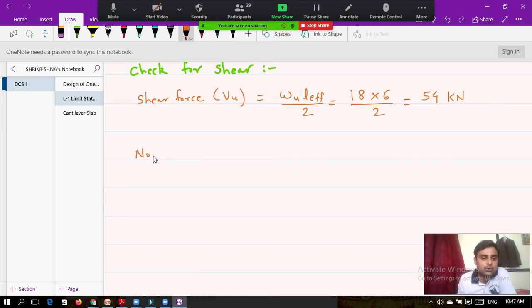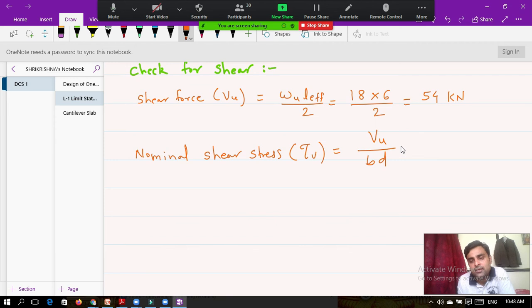So nominal shear stress, that is shear stress developed, that is tau v, which is equal to Vu upon bd. So put the value Vu, it is 54 into 10 raised to 3, it is in kilonewton, divided by b is 250 and d is 602.